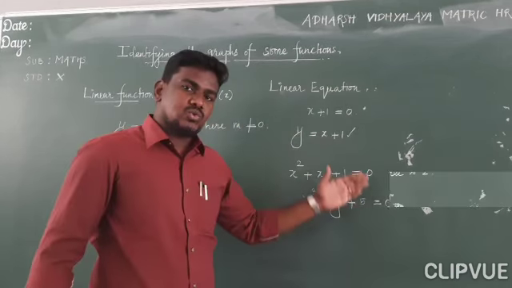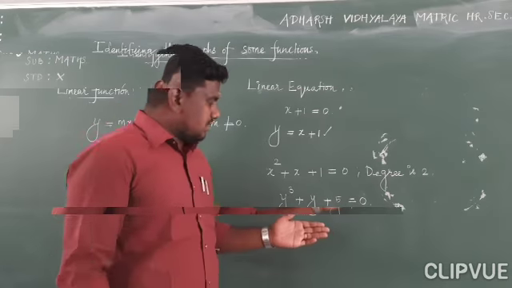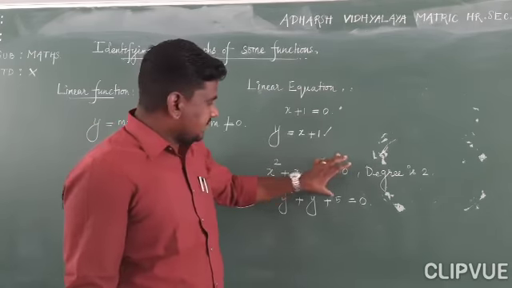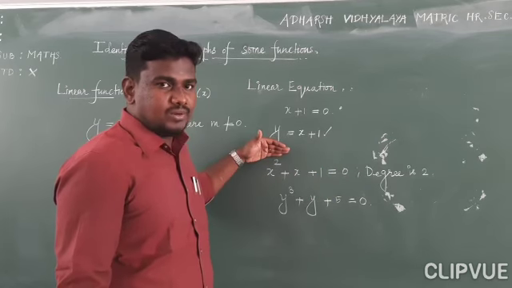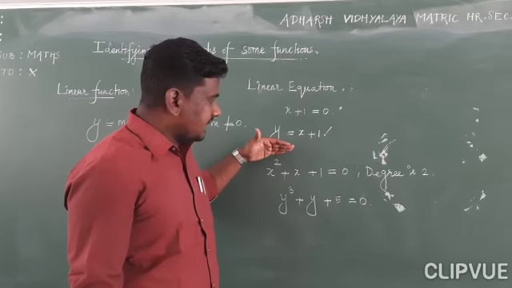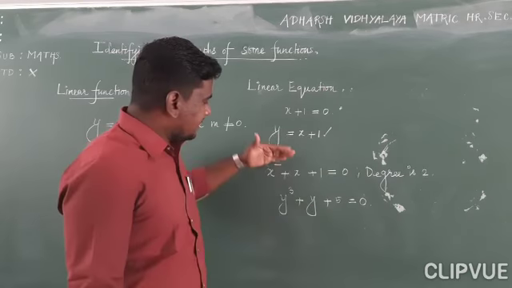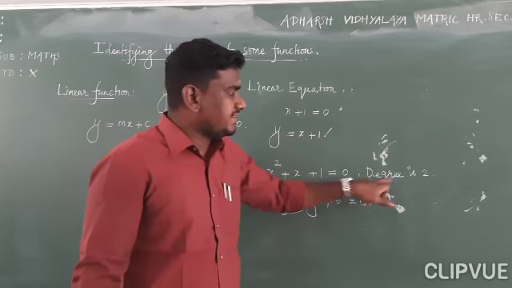If we take the first one, x square plus x plus 1 equal to 0, here the highest power is 2. The highest power is considered the degree of the equation. So here the highest power is 2, which means the degree is 2.